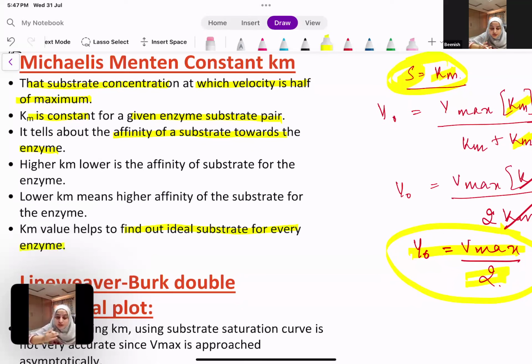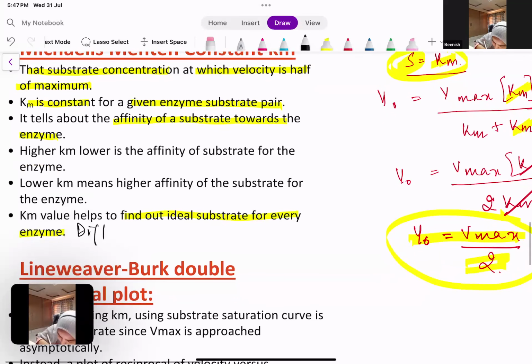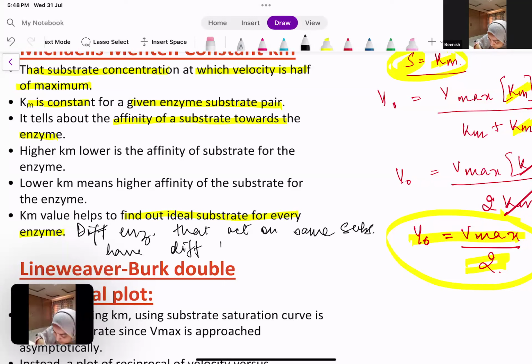Different enzymes that act on the same substrate have different Km values.